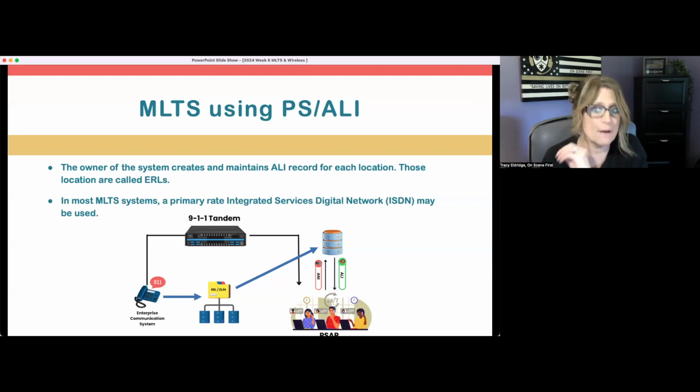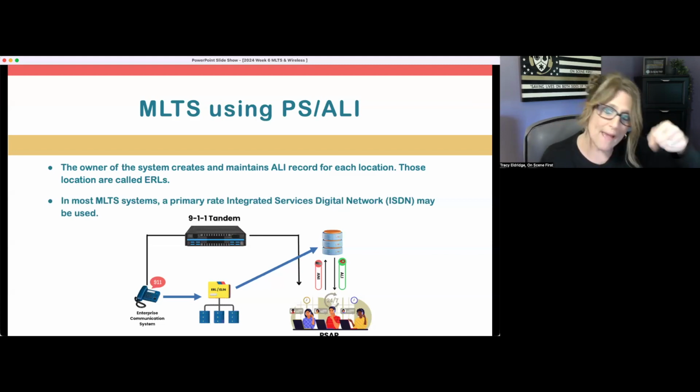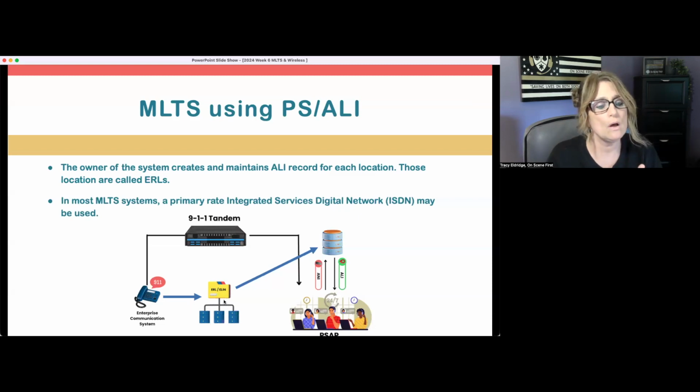It's going to be called something else when it gets to wireless. I'm going to compare them, but it's like a magic key that's going to allow this ERL to get into the ALI database, to be waiting there for when the ANI comes in and says, hey, where's the location? Which location is attached to this phone number right here?